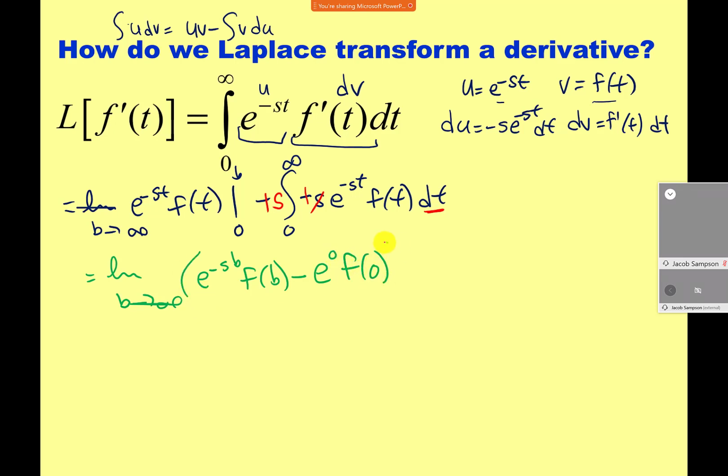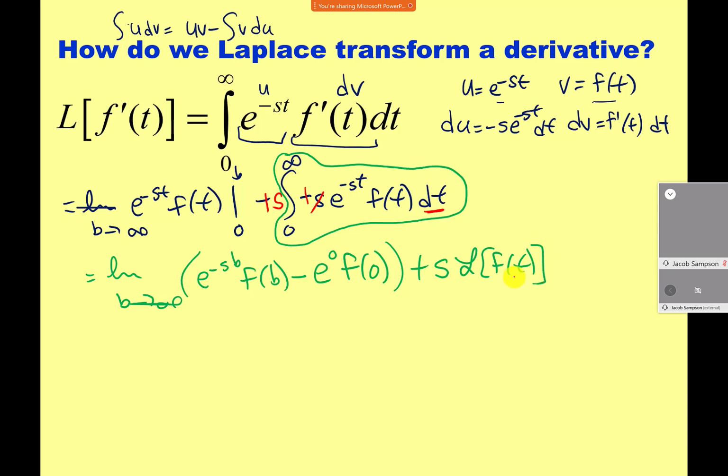That's the first piece of this. Now, looking at the second piece, I have a plus sign and I have an s, but if you look at this piece right here, that is nothing more than the Laplace transform of the function. That was the definition. So this part is just the Laplace transform of f of t.